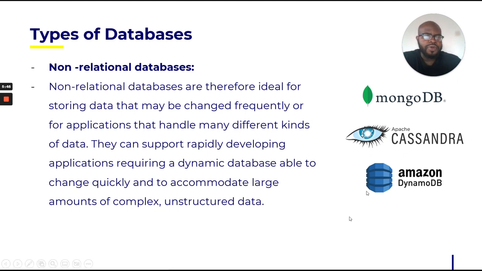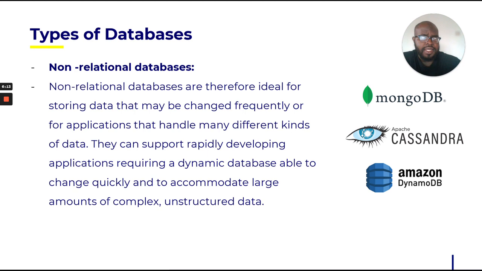So just as a wrap up for this video, we've learned many things. We know what non-relational databases are, that they don't store data in tabular form. They store data in the form of documents mostly. And they are faster because we don't have to go through the whole table when querying the database.